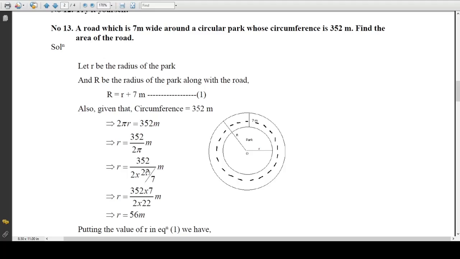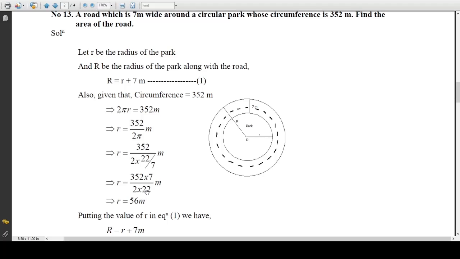Therefore, if you divide by the fraction, the denominator will go up and the numerator will be in the denominator place. So you will have 352 multiplied with 7, and below in the denominator you will have 2 multiplied by 22. On cancelling this you will get the radius to be 56 meter.